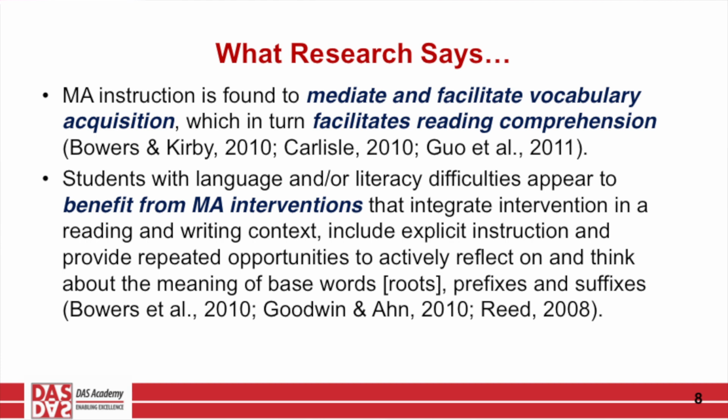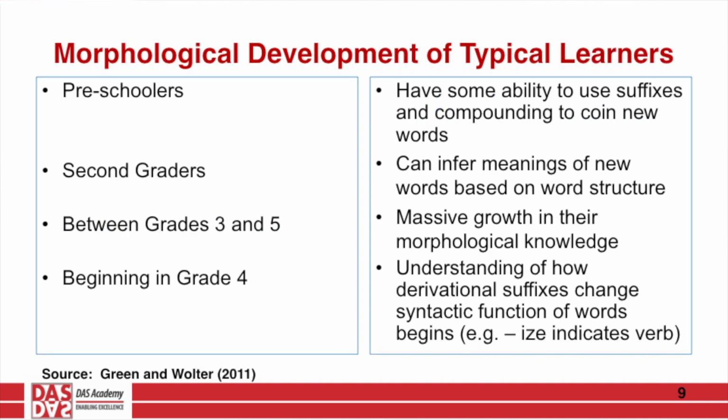And this is where we look at the work of Green and Wolter. This is the morphological development of typical learners. And you can see that the best ages to start is between 3 and 5, because there's a massive growth in their morphological knowledge.